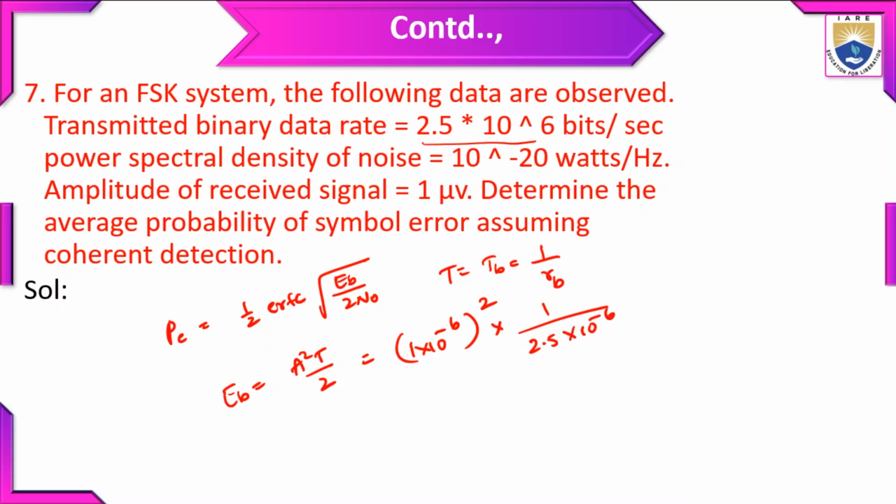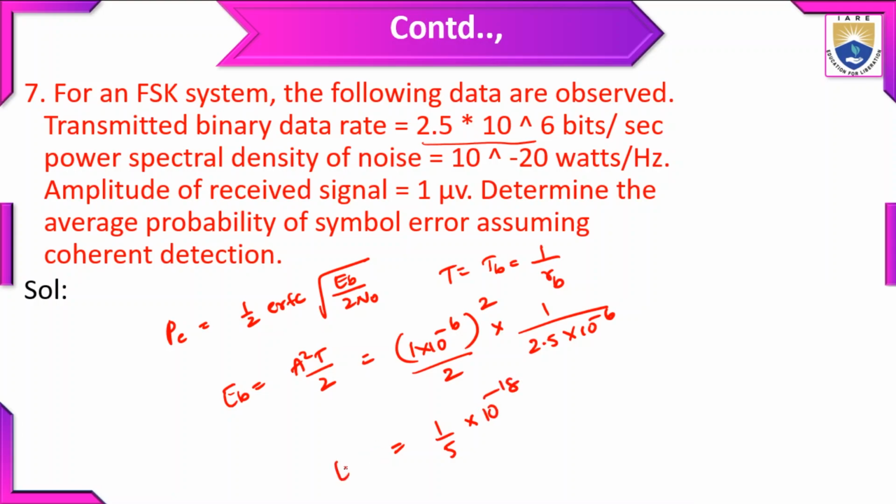So here 1 into 10 power minus 6 whole square divided by 2, into 1 by 2.5 into 10 power minus 6. Solving all this, you get 1 by 5 into 10 power minus 18.